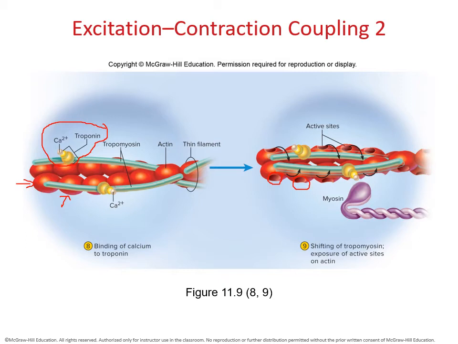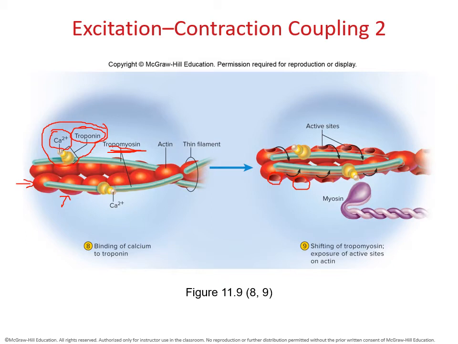And they will only expose the active sites when you want the muscle to contract. If your muscle isn't contracting, it's covered up by tropomyosin, and tropomyosin is controlled by the troponin knob, and it will only react to calcium. So when calcium comes out of the sarcoplasmic reticulum, it will travel over to the troponin.